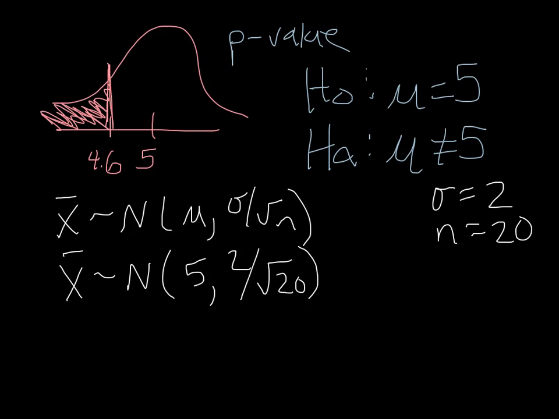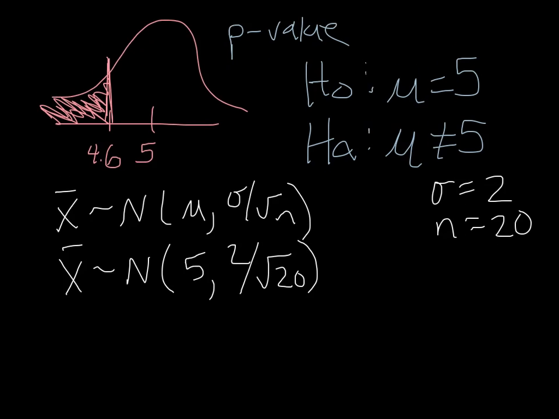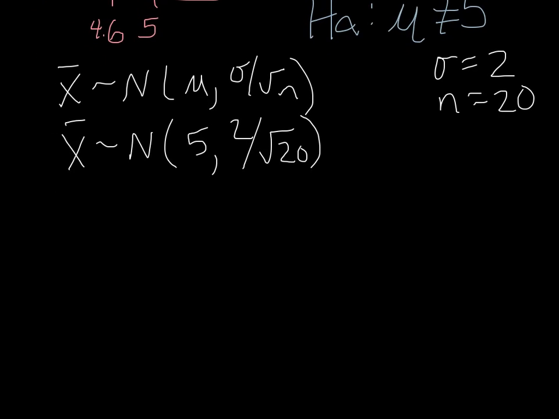So now, with that distribution, you just plug in and try to standardize your value under those situations. So my value is, of course, 4.6. Okay. So 4.6. That's my value. And I'm going to subtract off the mean, which is 5. So 4.6 minus 5 over, and this is 1 over the square root of 5.